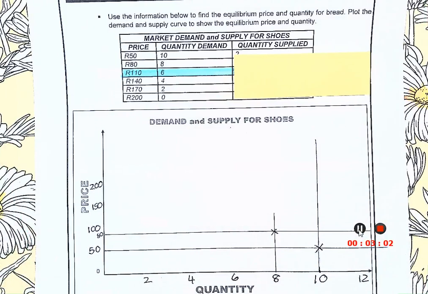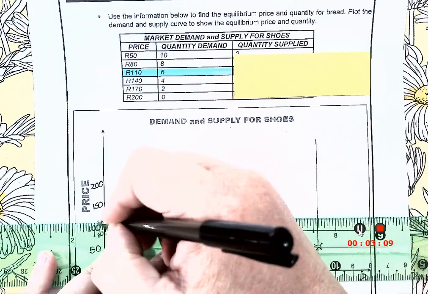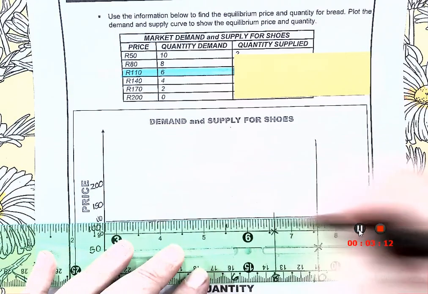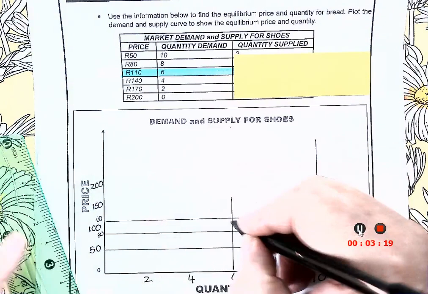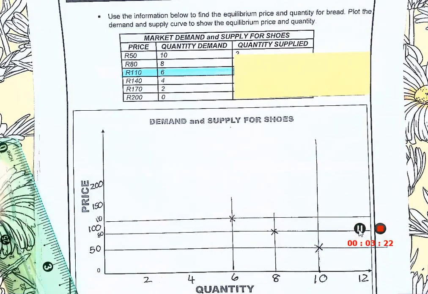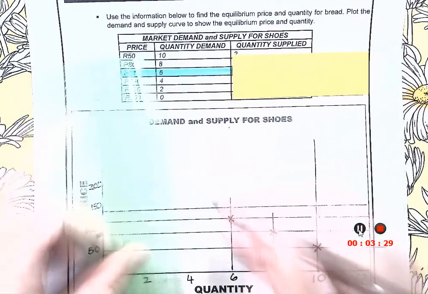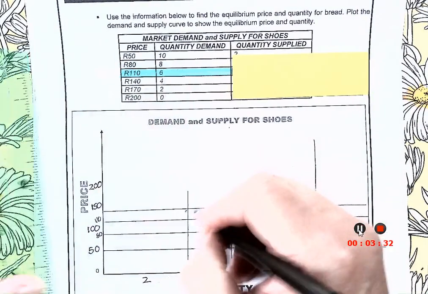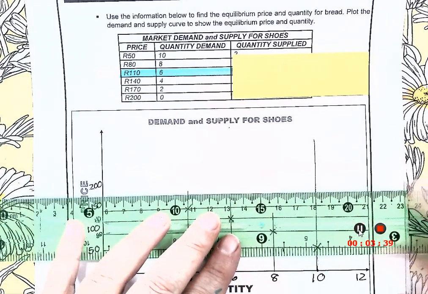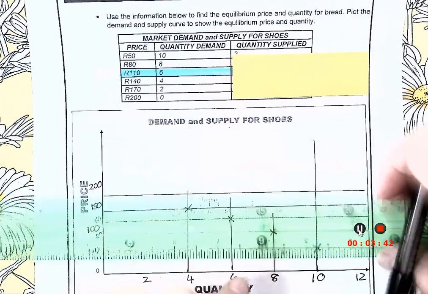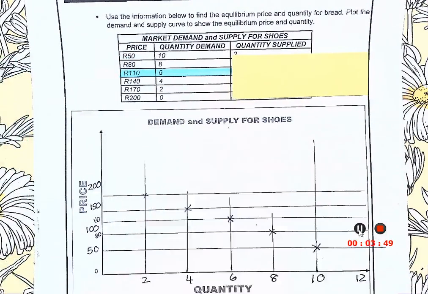110 Rand is about here, and then I have a quantity of 6. 140 Rand, quantity of 4. 170 Rand, quantity of 2, and 200 Rand, quantity of 0.